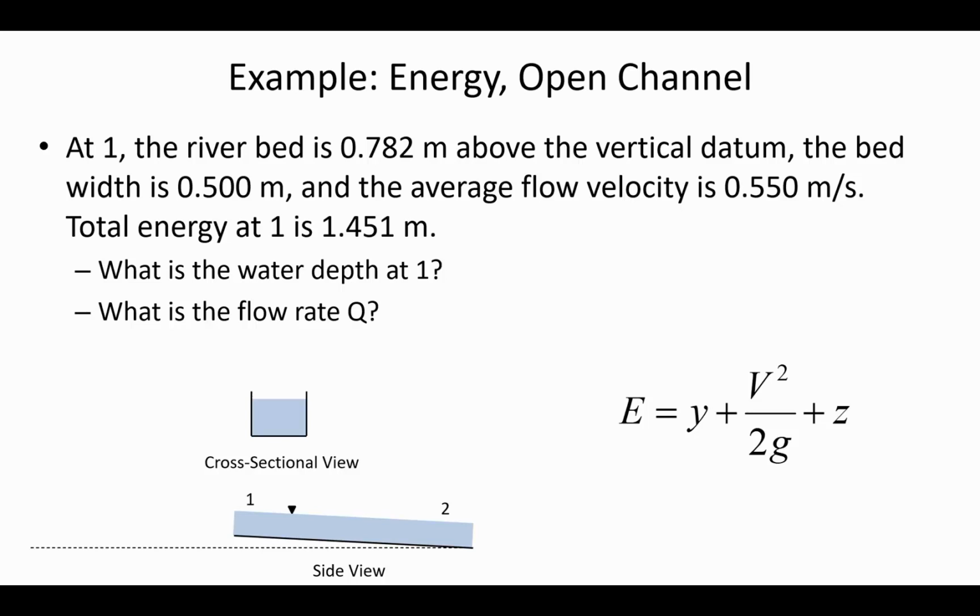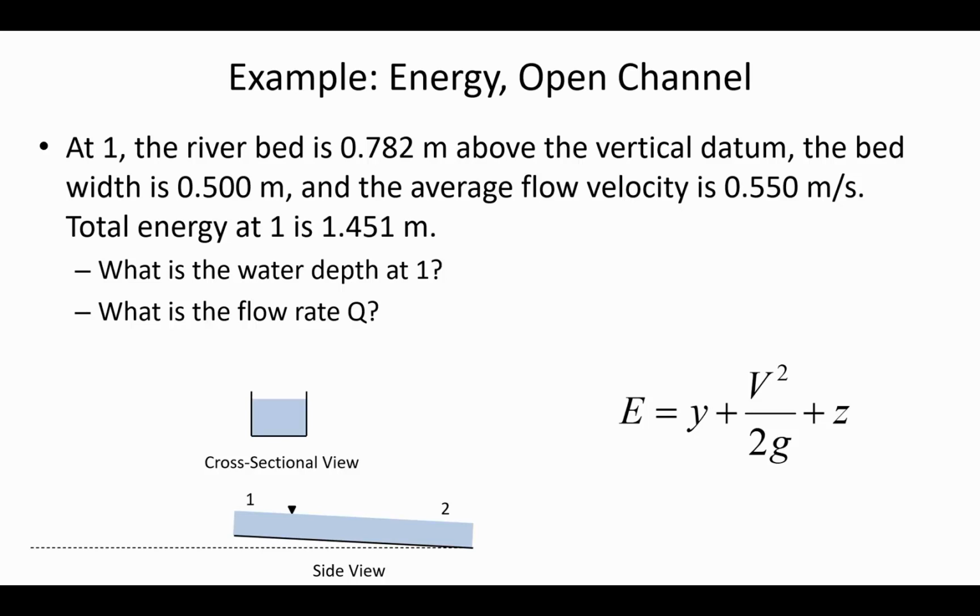We know the elevation of the riverbed is 0.782 meters above the vertical datum. We know the width of the channel is 0.5 meters, and it looks like it's a rectangular channel. The average velocity is 0.55 meters per second, and we know the total energy. So from that, we can tease out the depth of flow at location 1 and the flow rate.